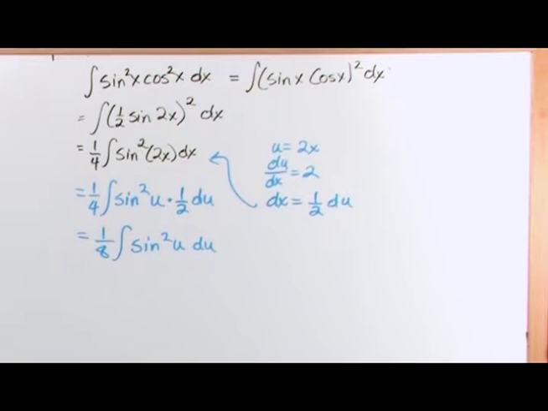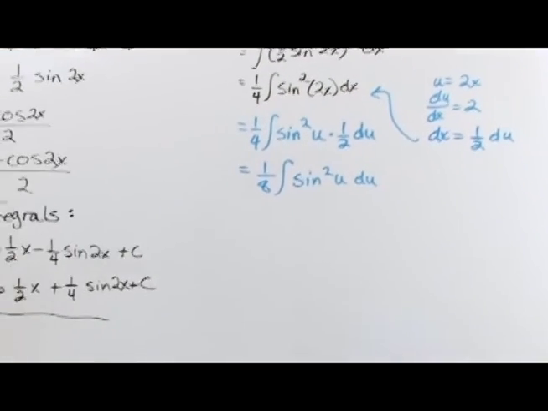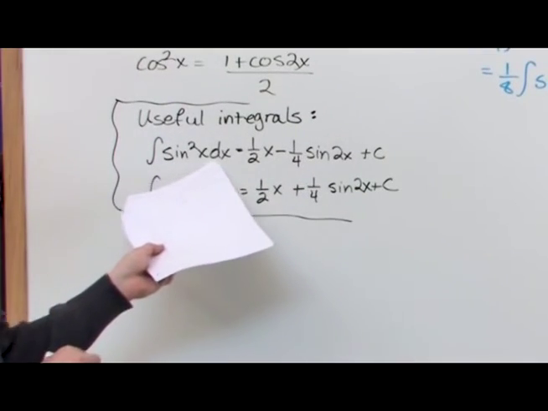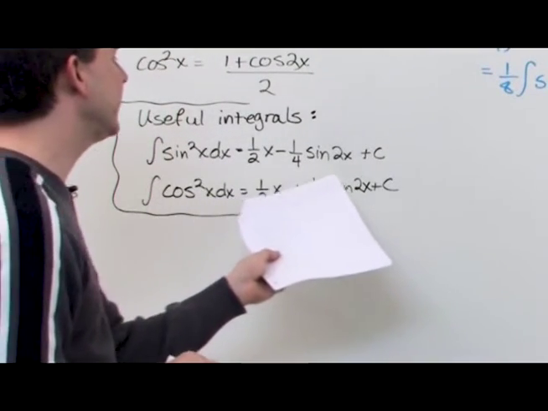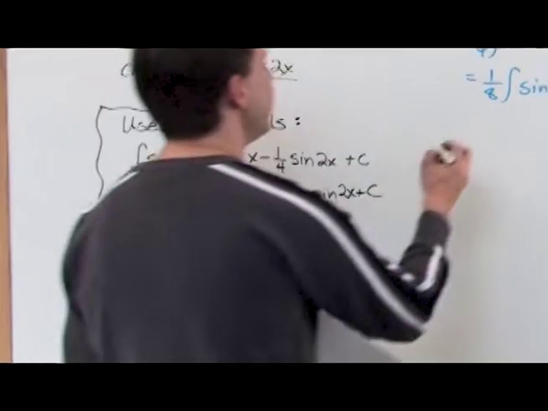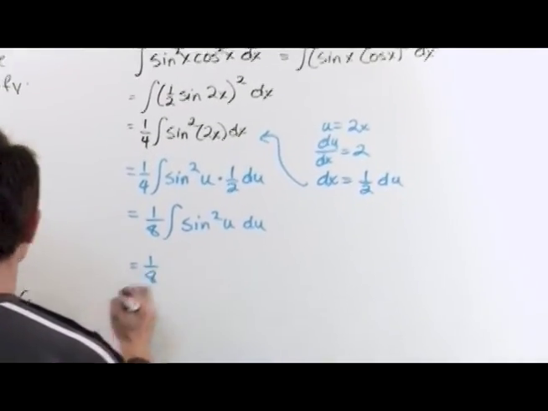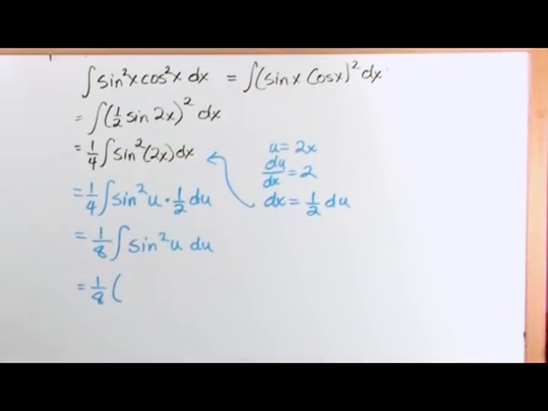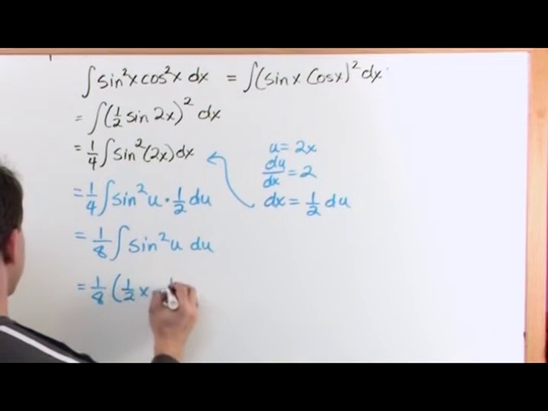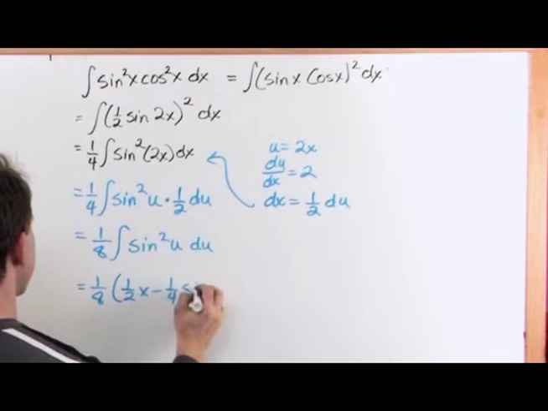Now you see why we finally did that. You resolve this integral down to sine squared of u, and I told you that it's a very useful integral. Sine squared x dx is this one right here. So I'm going to use that fact, and I'm going to say it's 1/8 times 1/2 x minus 1/4 sine of 2x.